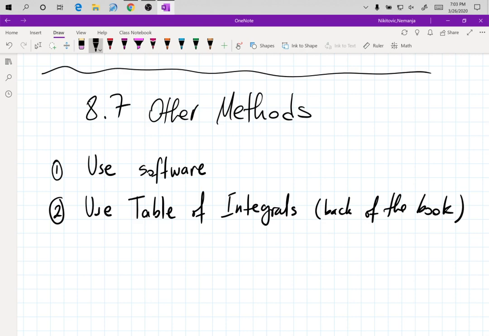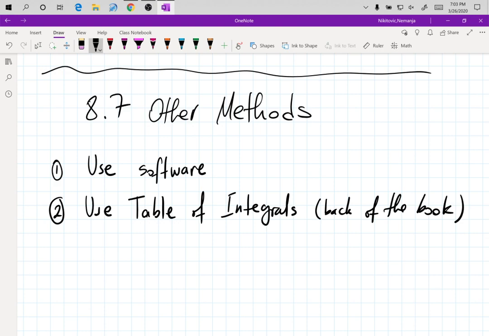I really don't spend any time on this because you should be able to punch the problem into a computer to see what the integral is equal to, and you should be able to match the form of the problem to something that is in the back, right? And then just collect the constants and things. Generally this is not on the test because for the test I can't give you a computer, I can't give you a table of integrals. So we don't really do anything with 8.7.